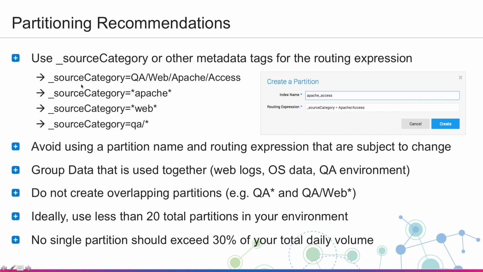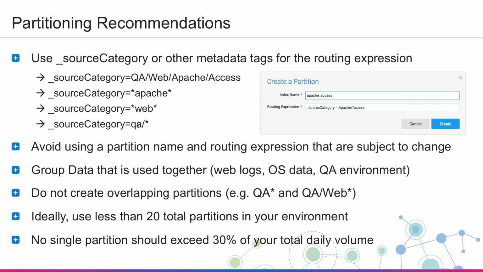If this data represents a pretty large portion of your total data volume, then maybe it belongs in its own source category, right? Or you could take the second approach where you bunch up all Apache logs together or all web logs together. But as you can see here, because I had a pretty good source category naming convention, it makes it really easy for me to determine what data should go into this partition.